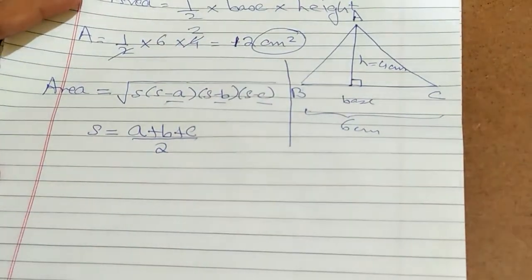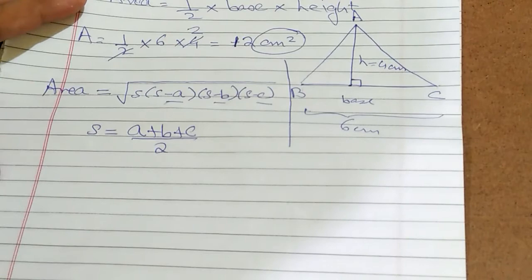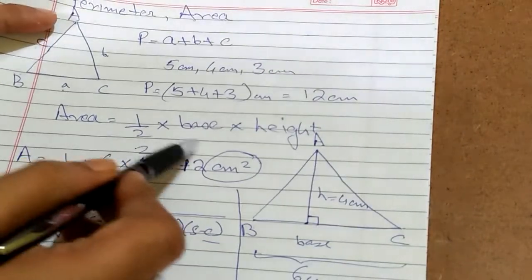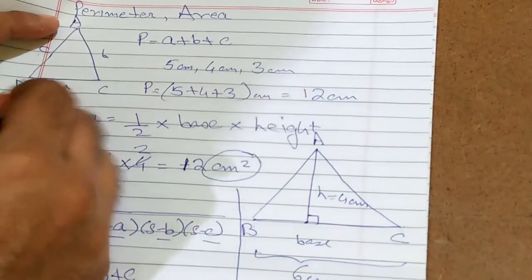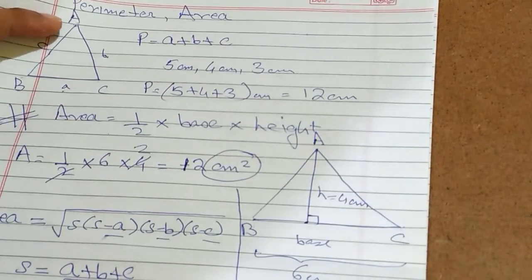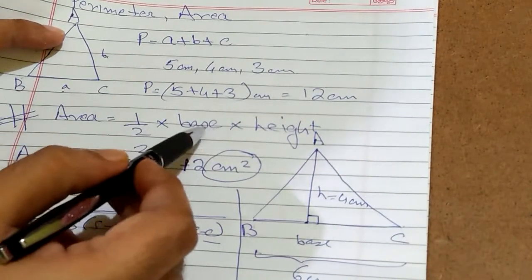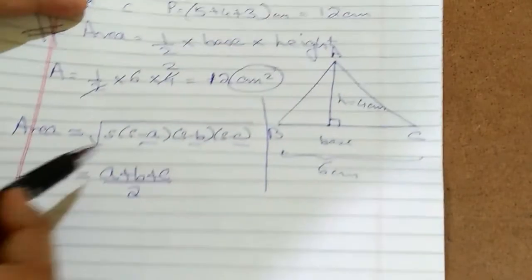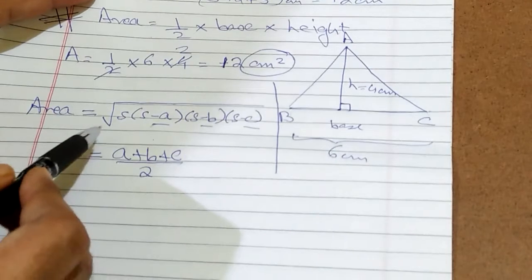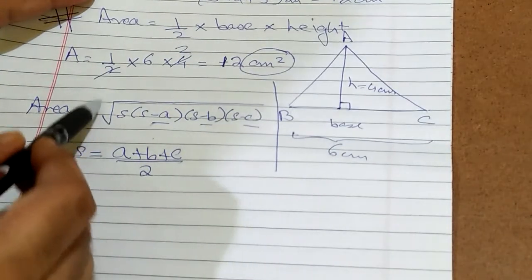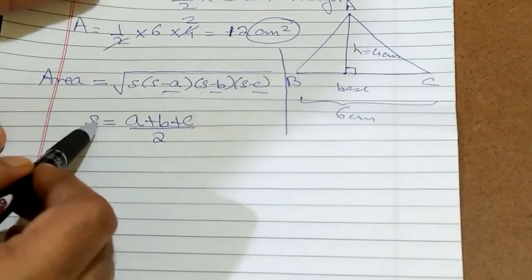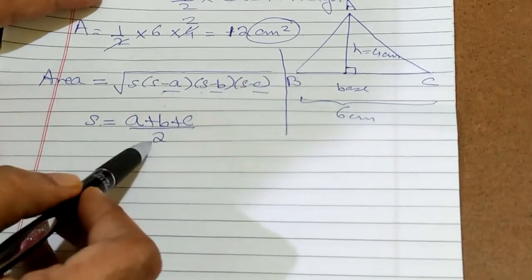Okay. So now see, first which we looked into is area of a triangle is half base height. This is the first one. And in case you don't have any of this with you, say for example you don't have the height, you can go for this formula, which is root over s into s minus a, s minus b, s minus c, where s stands for a plus b plus c by 2.